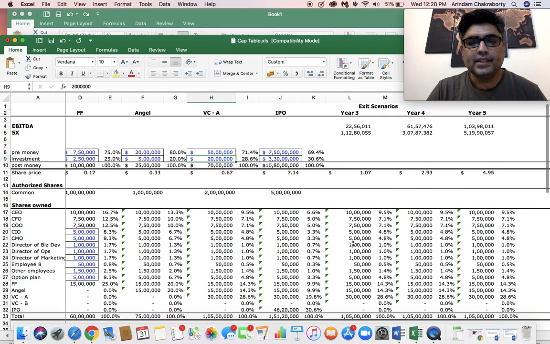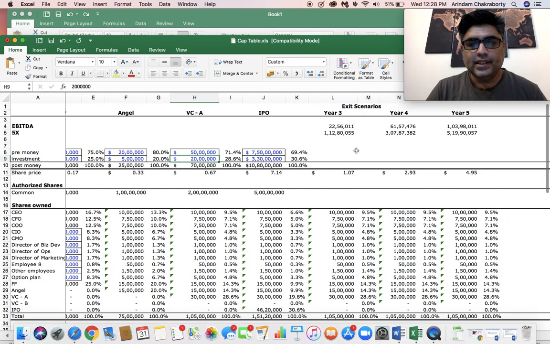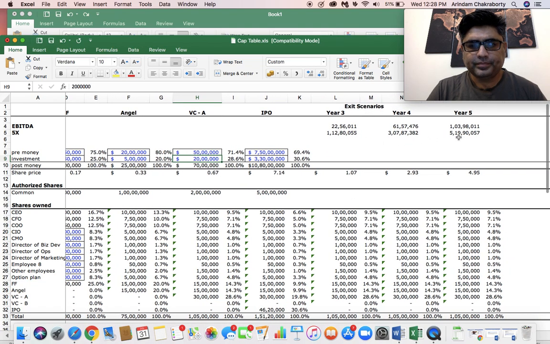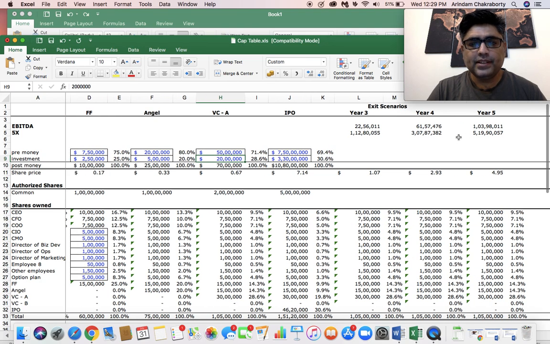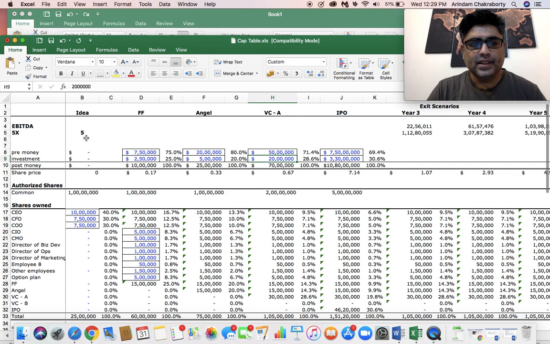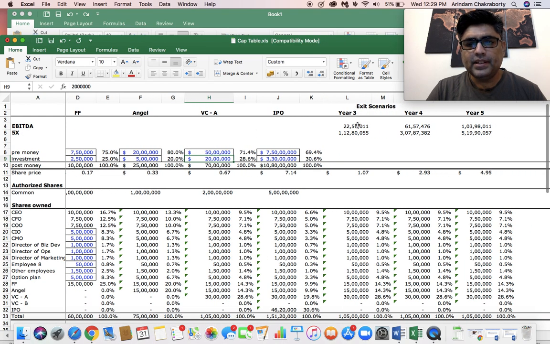Then we understand that in year 3, year 4 and year 5, say the company is trying to exit at a multiple of 5x. So 5x means 5 into EBITDA. So the EBITDA in year 3 says 22,56,011, then 5x gets to be 1,12,80,055.